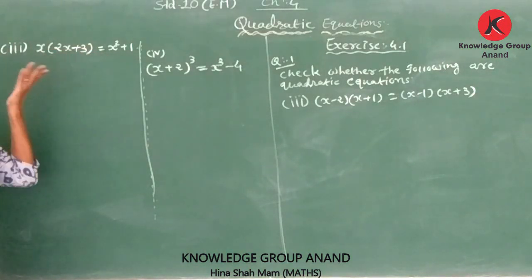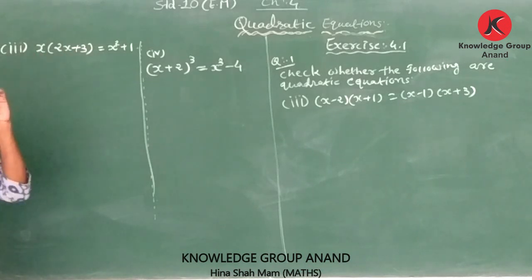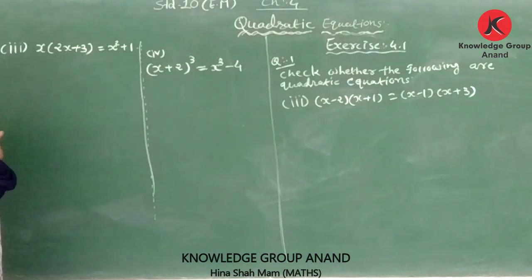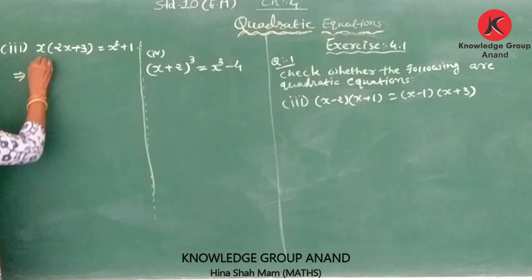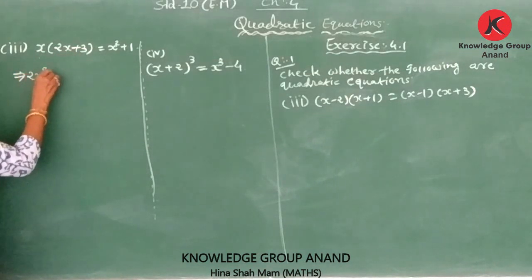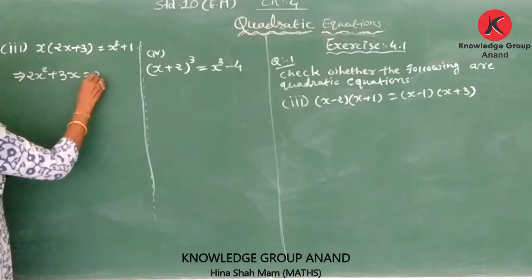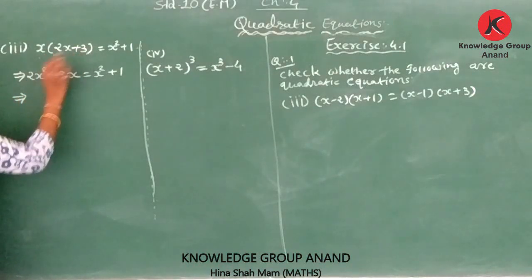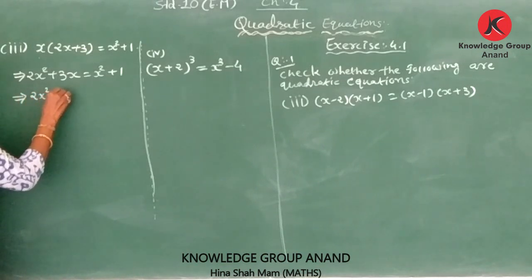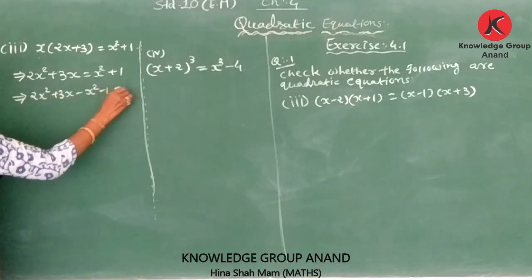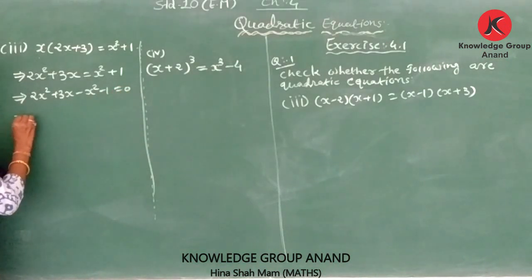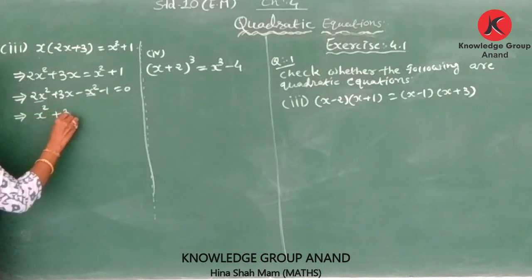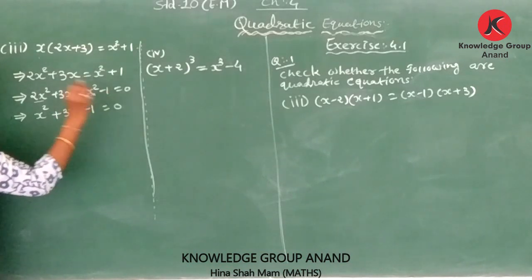First we simplify the equation before saying it is quadratic or not. x into 2x plus 3, that means 2x square plus 3x is equal to x square plus 1. 2x square plus 3x minus x square minus 1 is equal to 0. 2x square minus x square, x square plus 3x minus 1 is equal to 0.